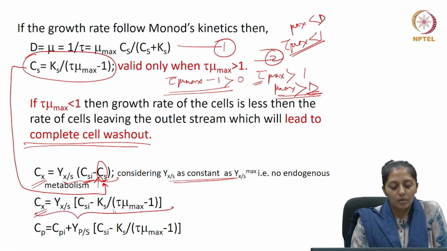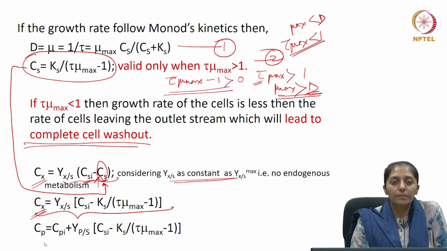This is how your steady state biomass concentration can be obtained if you know the dilution rate at which the continuous reactor is running, the inlet feed stream and the culture kinetic constants.